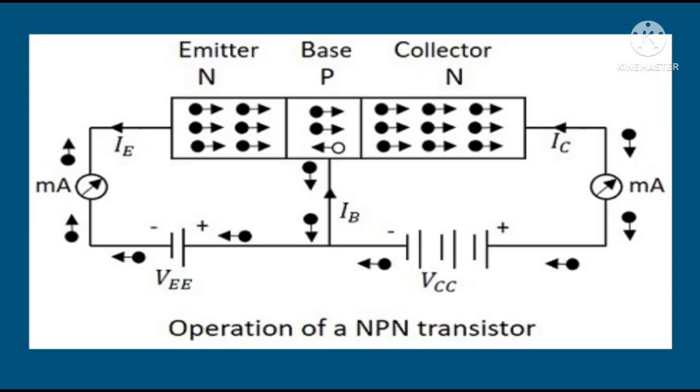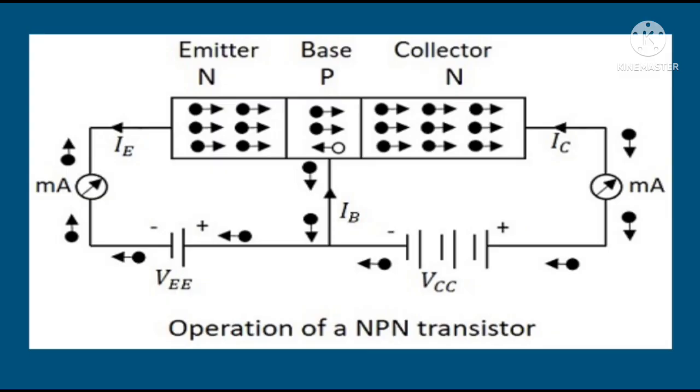About 5% of these electrons combine with the holes in the base region, and they form only a small current, which we call the base current. The remaining electrons, about 95%, enter the collector region because they are attracted towards the positive terminal of the battery VCC.